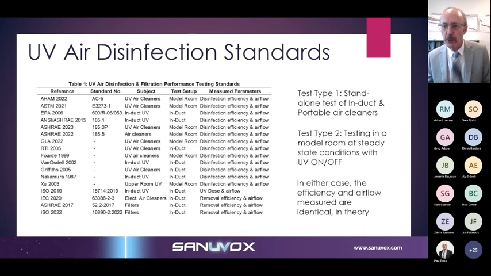Test type 2 is modeling in a model room at steady state conditions, with the air cleaner either on or off, and the ratio between those conditions gives us our disinfection efficiency. These types of tests can be performed for filters. There is only one test from ISO which looks at UV dose, but in general it is not necessary to test the UV dose or the UV irradiance. As long as you can measure the disinfection efficiency and measure the airflow, you know everything you need to know about that system.